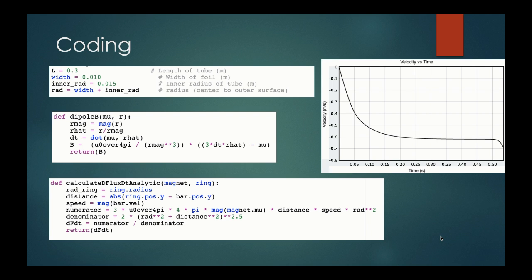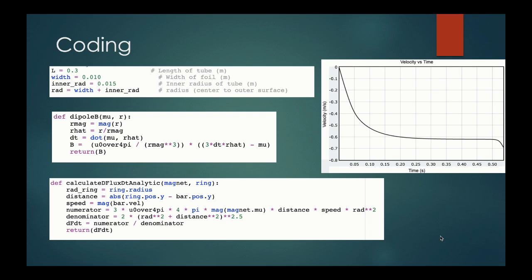So this is what I got for my coding. Starting with the top left, this was again just the dimensions for the tube, and then the second box to the left is pretty much just how the magnetic field was calculated at all the points on the ring, and then the bottom left was just calculating the flux through the ring caused by the magnet.